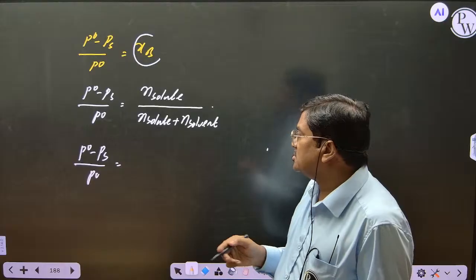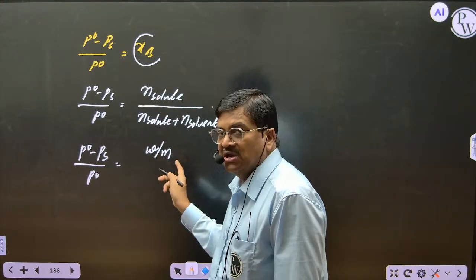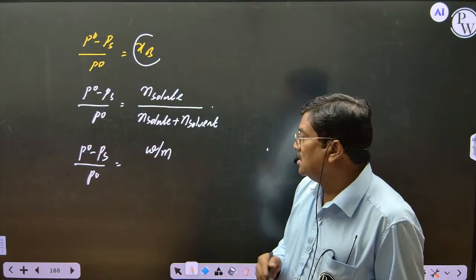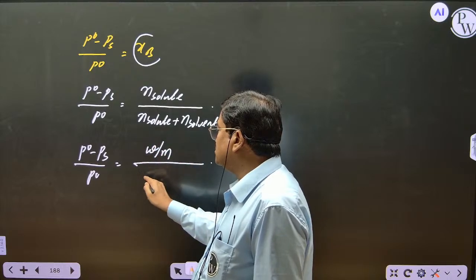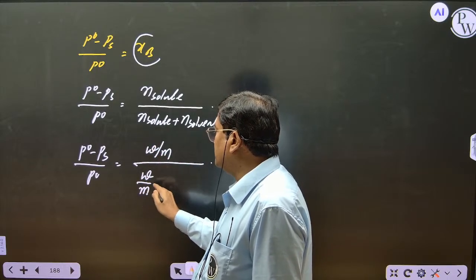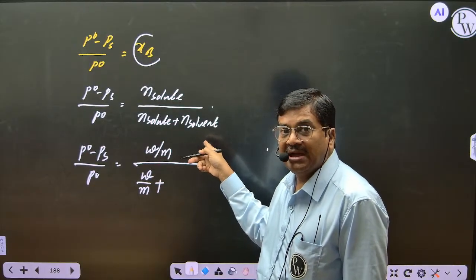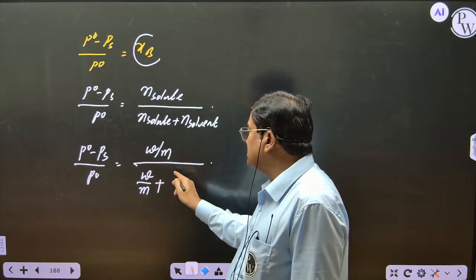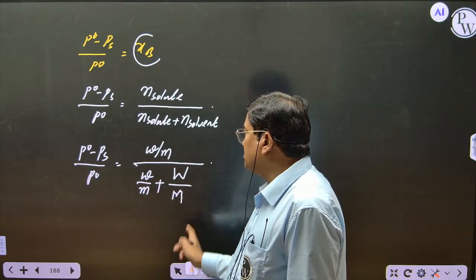So for the solute I am writing small w by small m, whereas to differentiate the solvent, I am writing capital W by capital M.